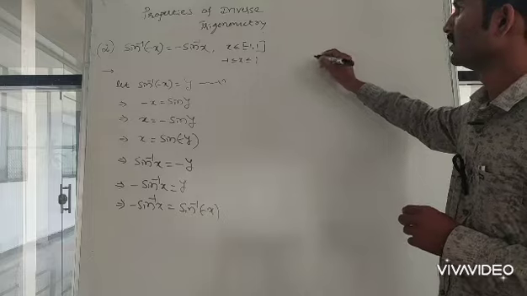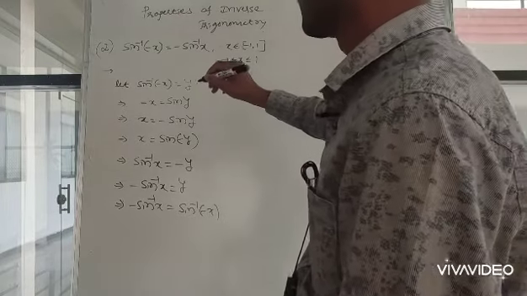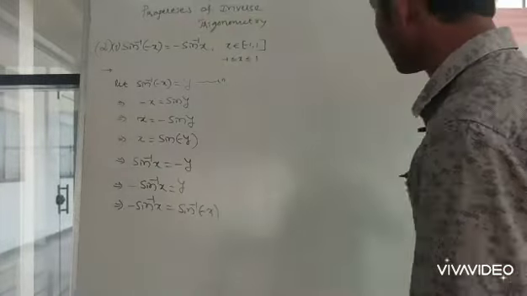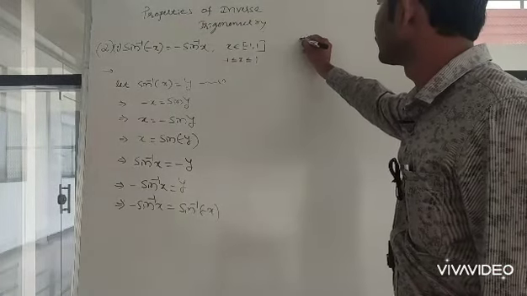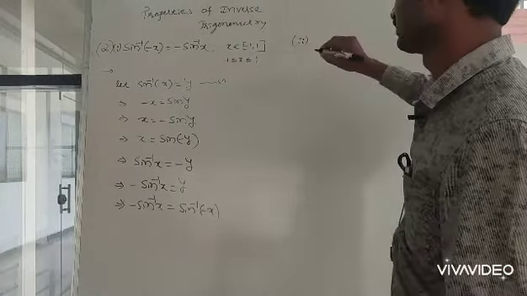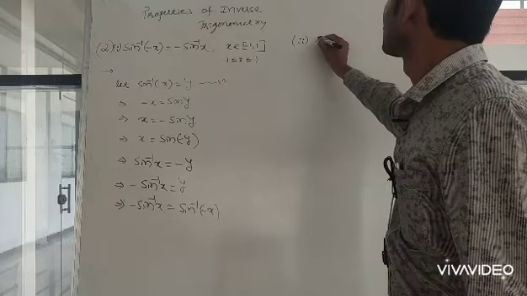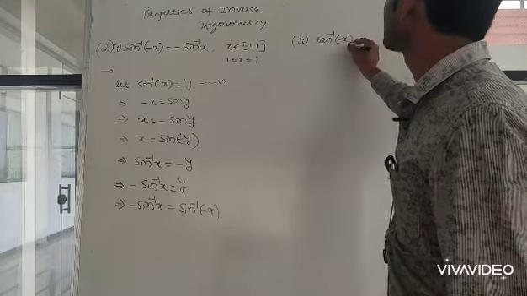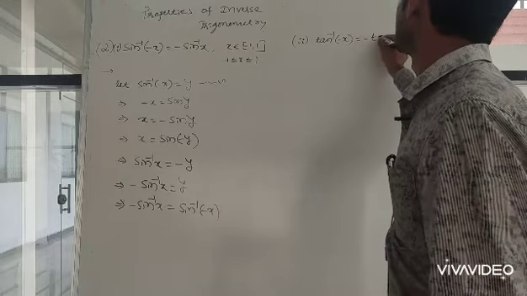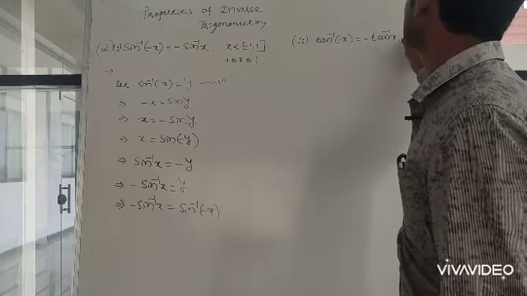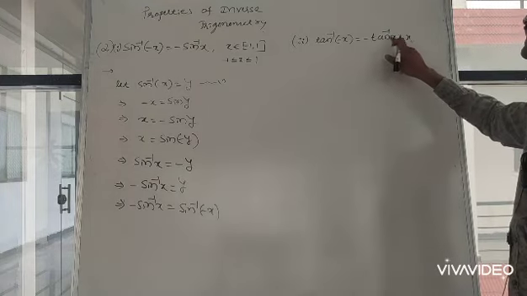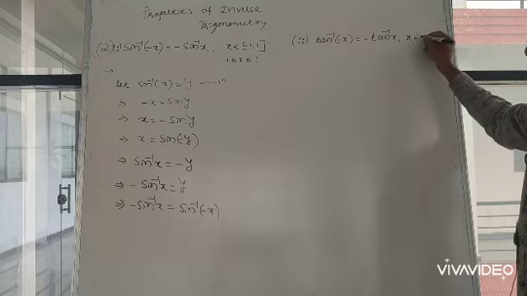That's why the domain and range will vary. Next, in the second main type, the first property is done. The second one we choose: tan inverse of minus x is equal to minus tan inverse of x. What is the domain of tan inverse of x function?